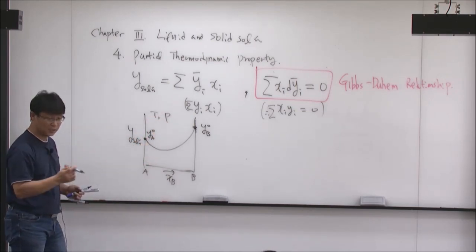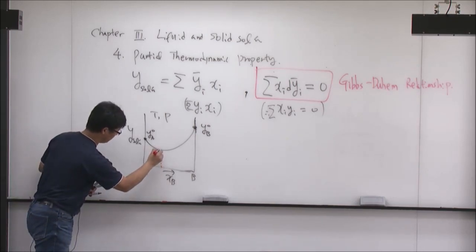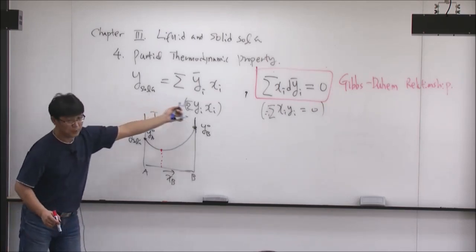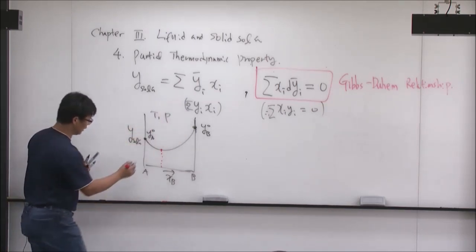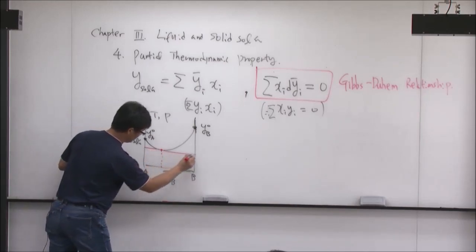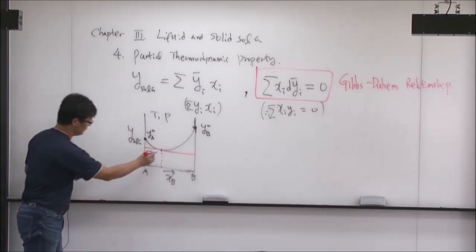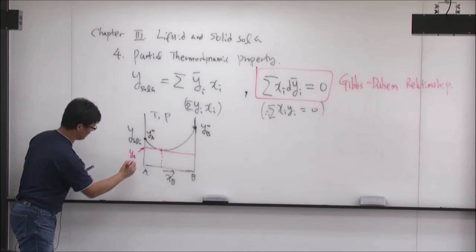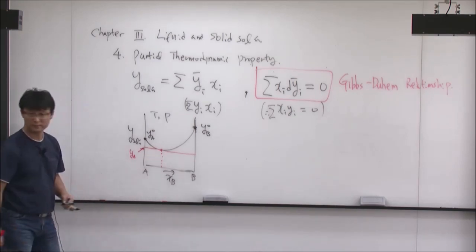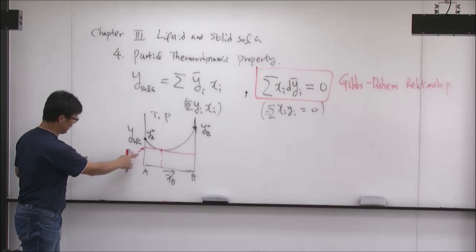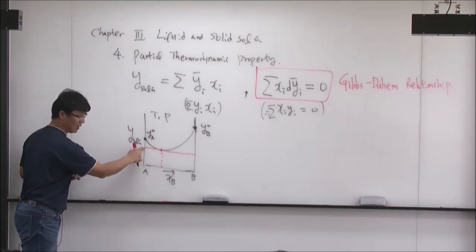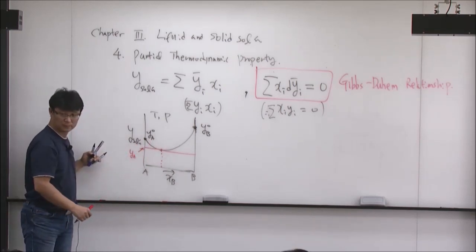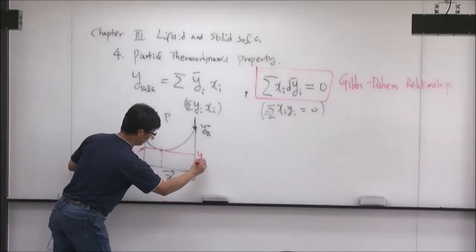At any given composition, the partial property here can be calculated by using the tangent line at that point. If I draw the tangent line, this intersection point is Y_A at this composition. So the partial property of A at this composition can be taken from the intersection point of the tangent line. And this one is Y_B here.